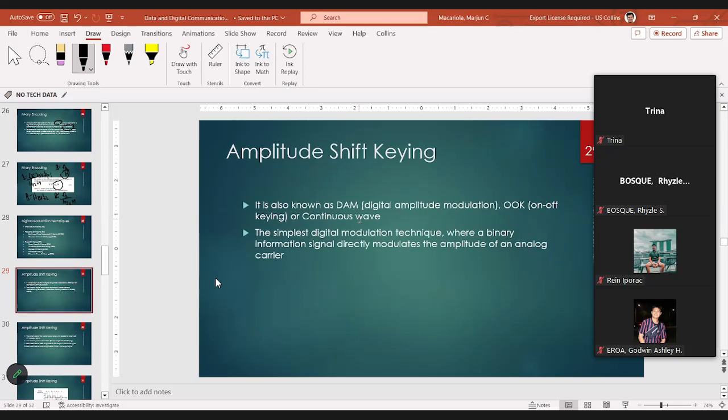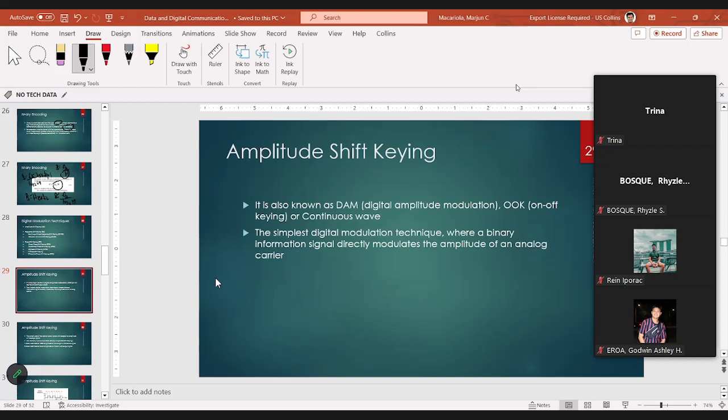The very basic definition of modulation is a technique or a process wherein a property or some of the properties of a waveform is being varied.